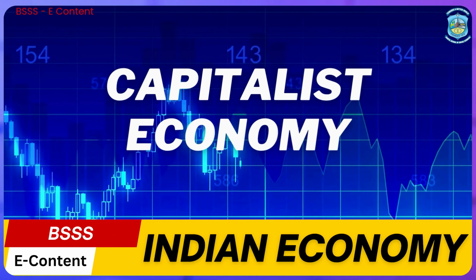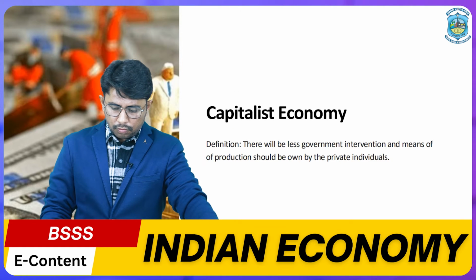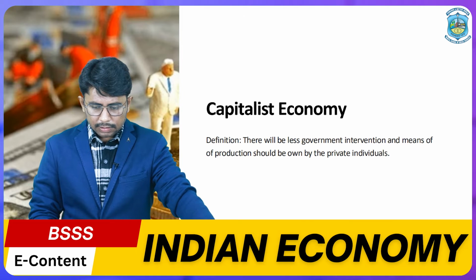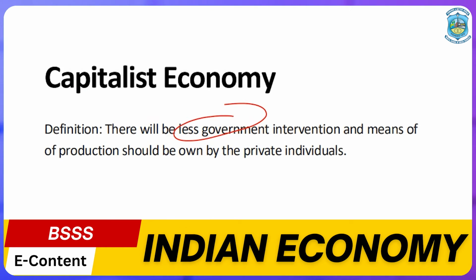Let me give you a definition. This is the definition which I made on my own, and there was a definition given by Adam Smith. So you all know the father of economics, Adam Smith, and he told about the capitalist economy in the way that there will be less government intervention.